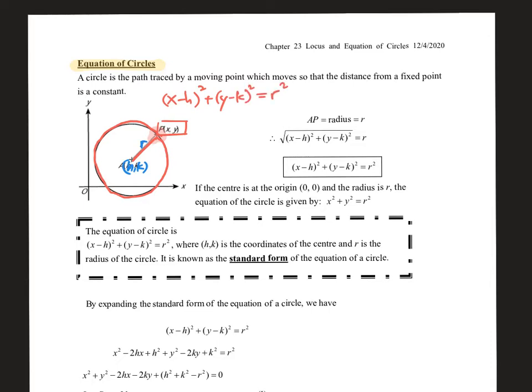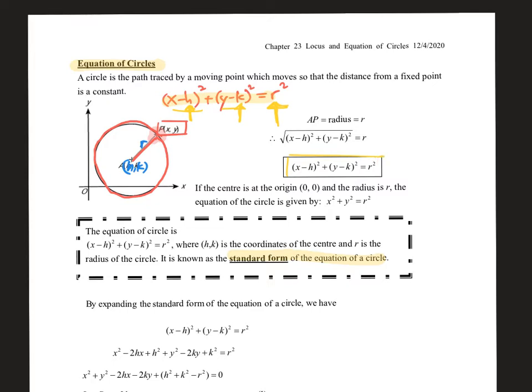As a result, for this special form of equation, we will call it the standard form of the equation of the circle. So whenever you have bracket squared plus bracket squared equal to radius squared, now you can see the information. (h, k) will be standing for the center, while r will be standing for the radius. So you bear in mind that.